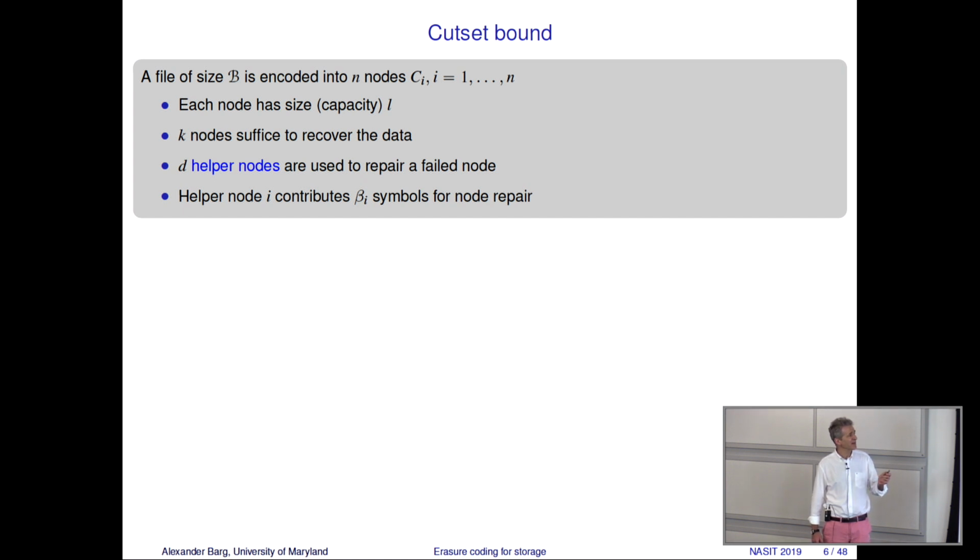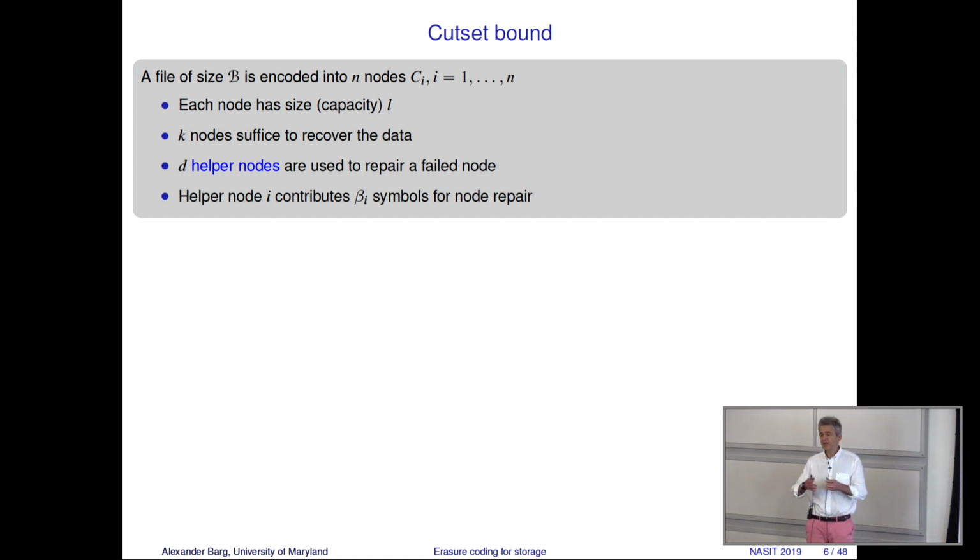Before saying that, let me fix the notation for this slide at least. So we walk away from this idea of coding theory as such, where there are k data symbols that are encoded, and we formulate this slightly differently. So there is a set of data. The word of the day is a file. A file of size B is encoded into n nodes.